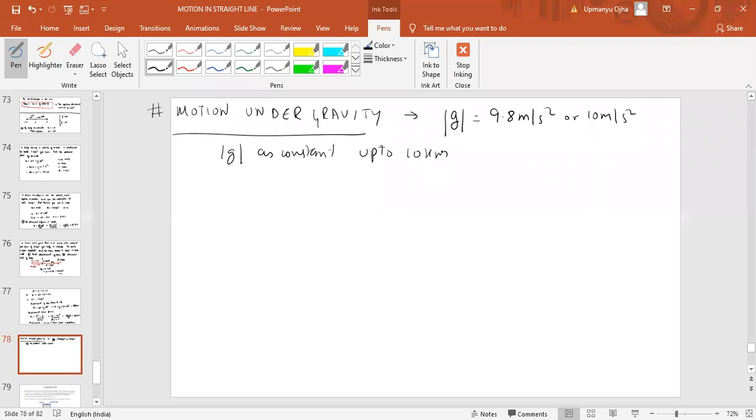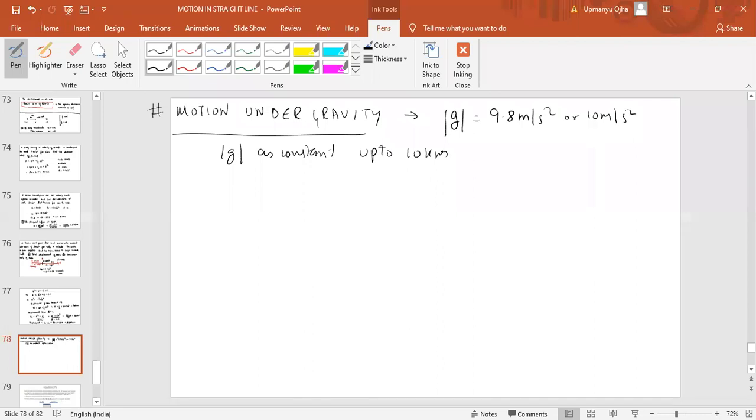Beyond that, we cannot say that g is constant. g will change. It will decrease as we go beyond 10 kilometers. So g is constant, 9.8 meter per second square, and we can only assume that up to 10 kilometers. Beyond that, g will decrease, so we cannot assume it constant there.